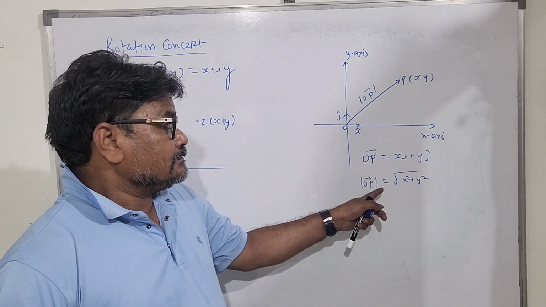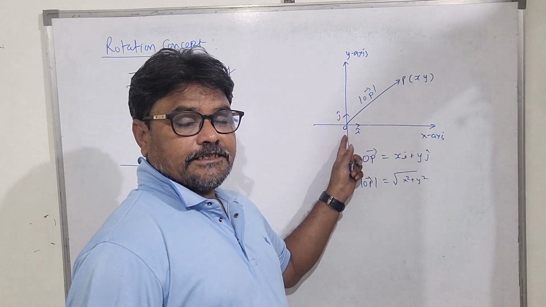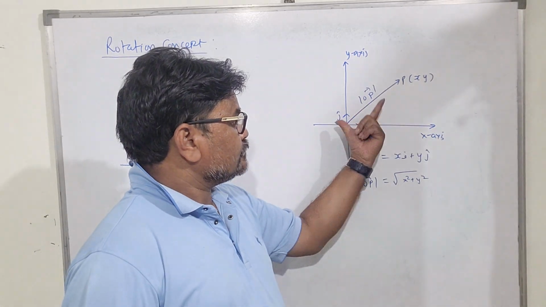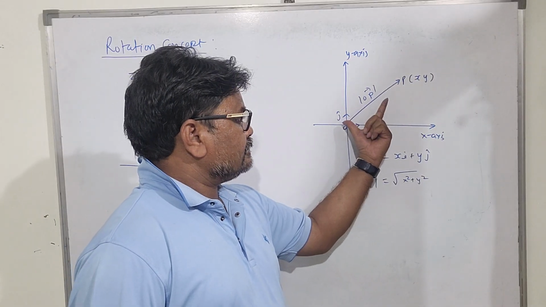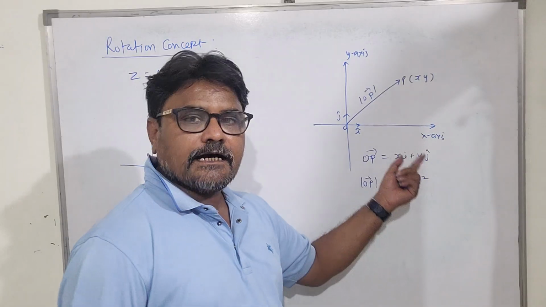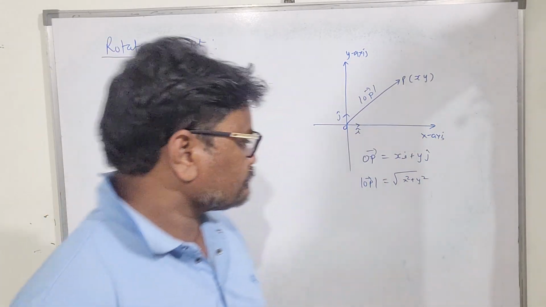So we know this. You can say that this is an arrow initiated from point O and the terminal point is P. So this is an arrow. This is a vector. Vector is represented by xi plus yj, where i and j are unit vectors along x-axis and y-axis respectively.